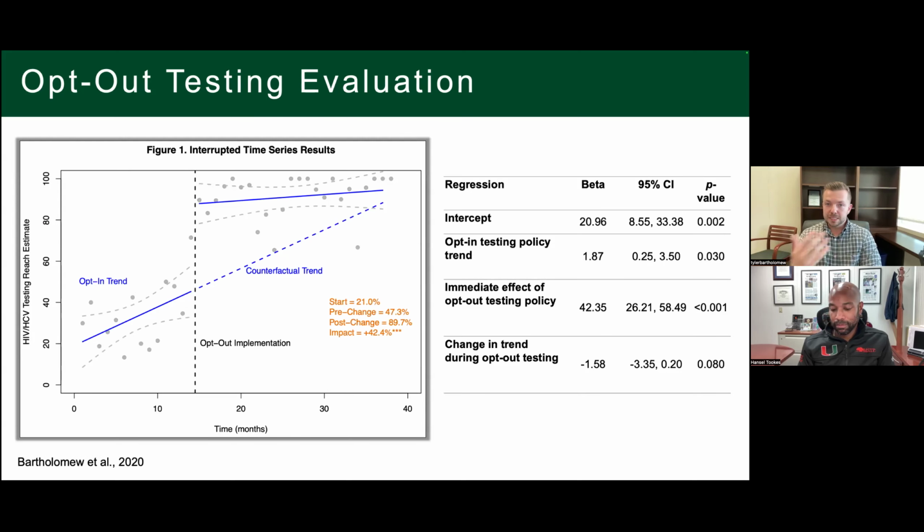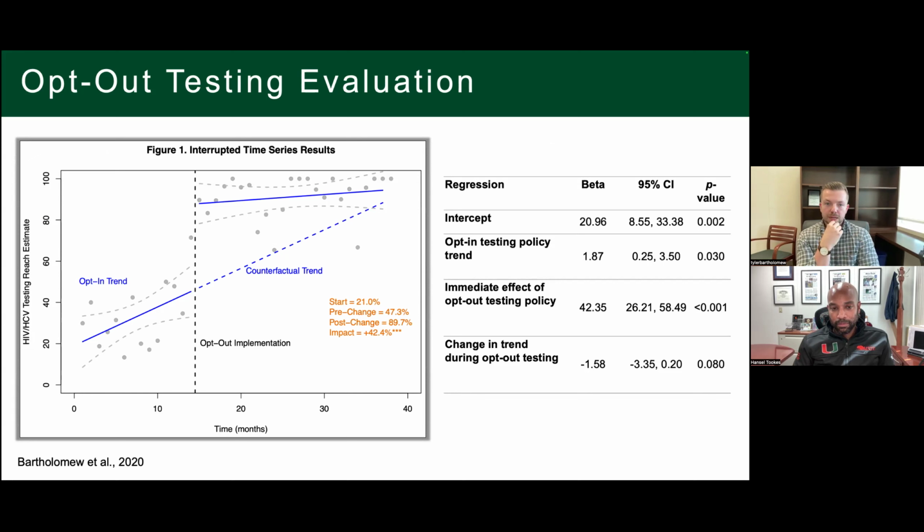And when we did this evaluation, and this is an article that we published in the International Journal of Drug Policy back in 2020, we actually saw an immediate and sustained impact on testing reach and uptake, specifically in the enrollment process at our SSP.